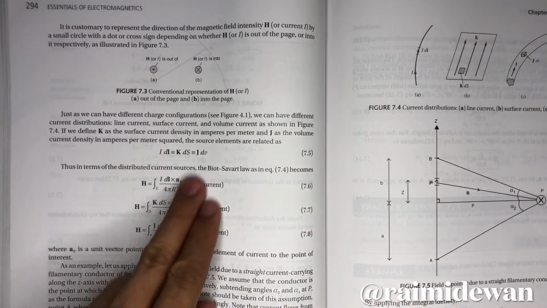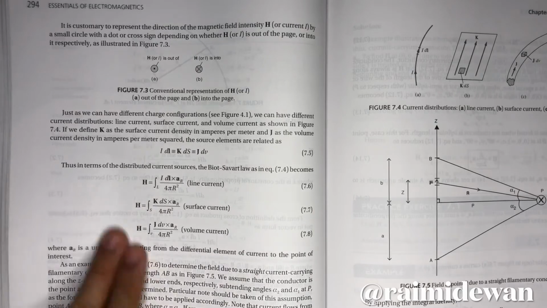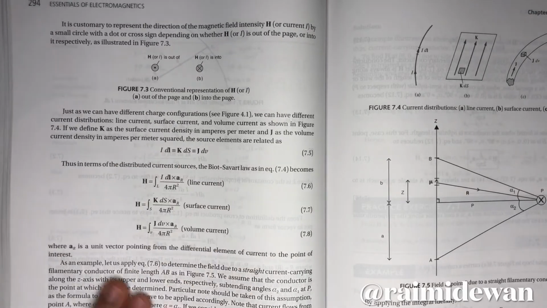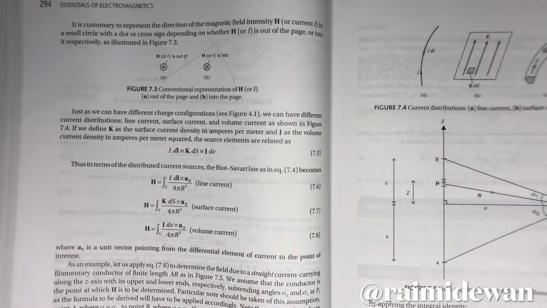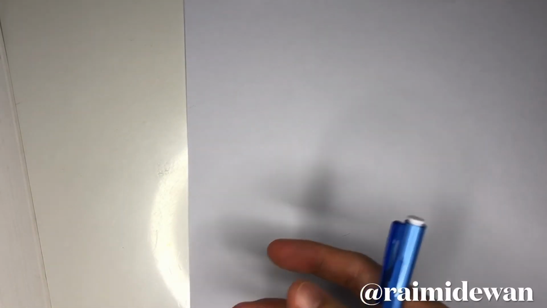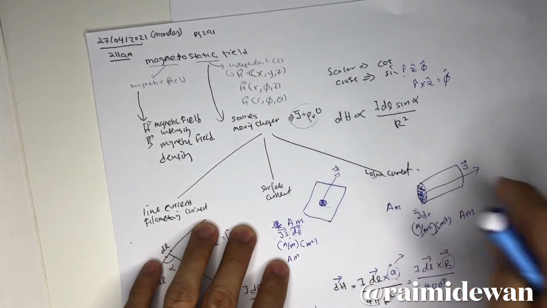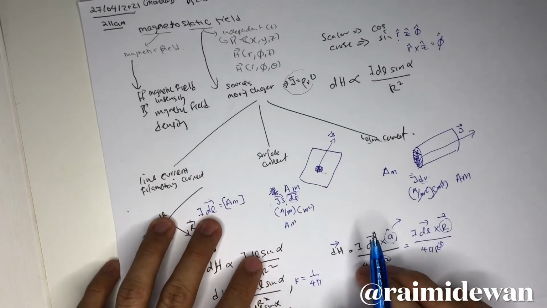Now we go to the equation involving the line current, surface current, and volume current. As we already saw just now, this is our line current. Let me rewrite again.